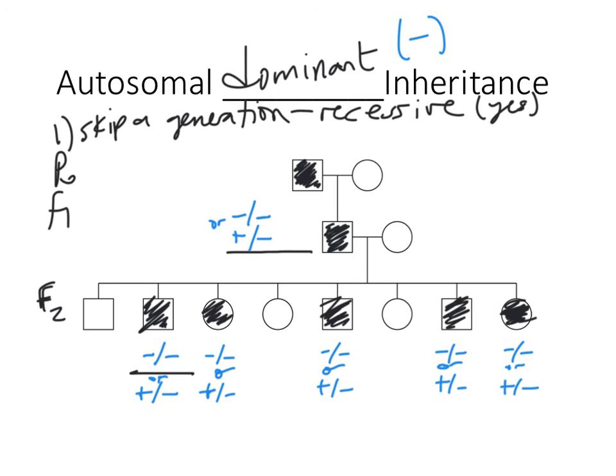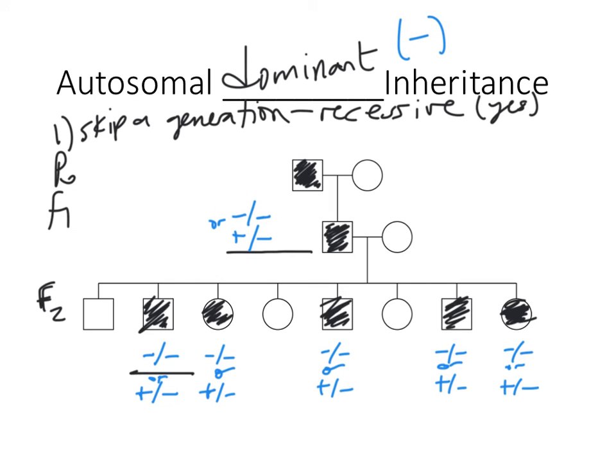If dad has two alleles and they're both the mutant versions, what are all of his kids going to look like? They'd all inherit at least one minus from the dad. So every single kid, all 8, would have this disease because they all would have inherited a minus from their dad.